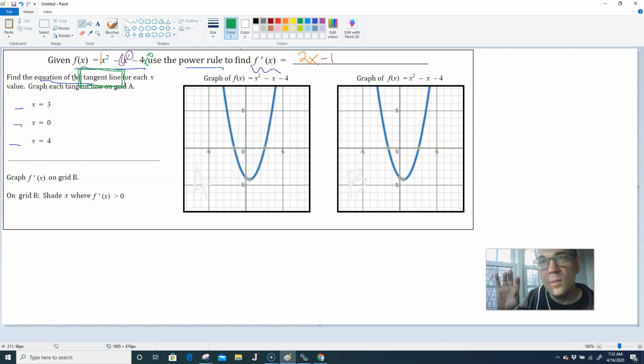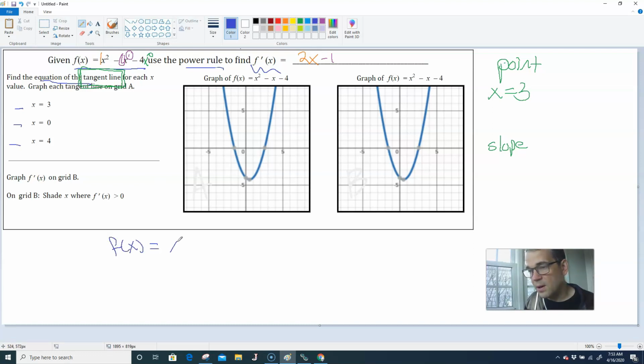Right now, it's about as straightforward as it's ever going to be. I need the point when x equals 3. So that means I need the y value, and I need the slope when x equals 3. So here's the deal. If I want to find the point, I'm going to use the original function. So down here, I'm going to write the original function because I made it all sloppy up there: x squared minus x minus 4.